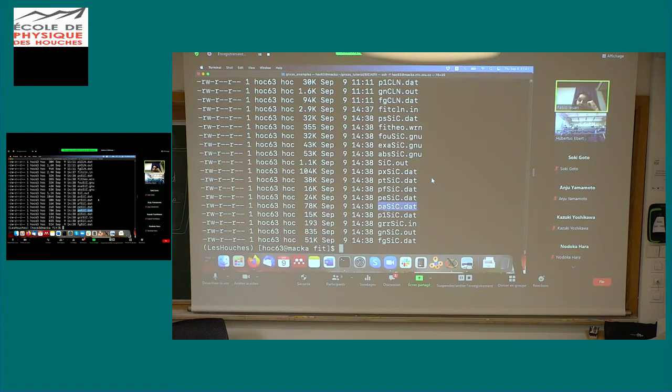Then PA is for the background. It shows you the background, and P1 shows you how it chooses the energy edge and the position of the energy edge. And then there is PS. PS shows you the estimated noise.